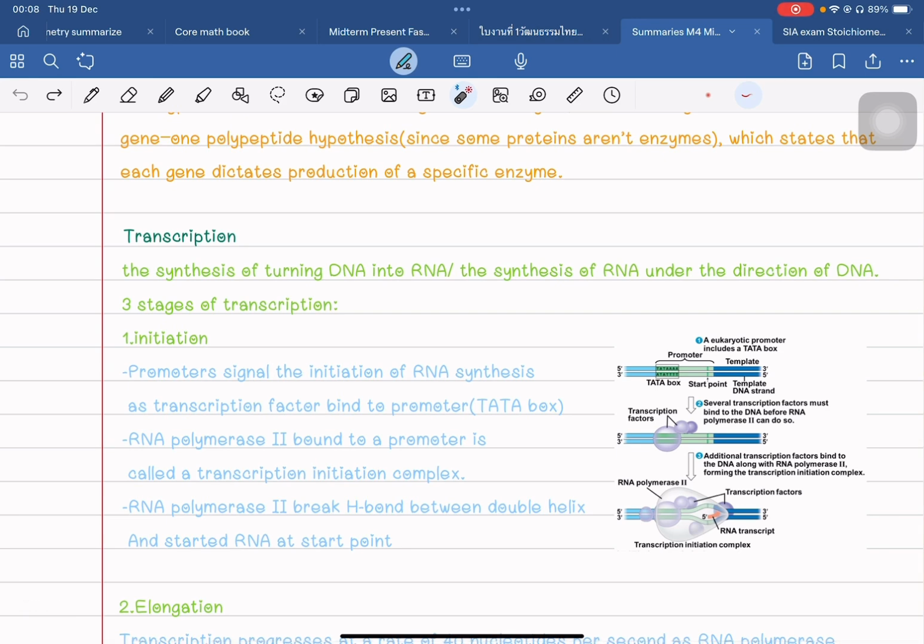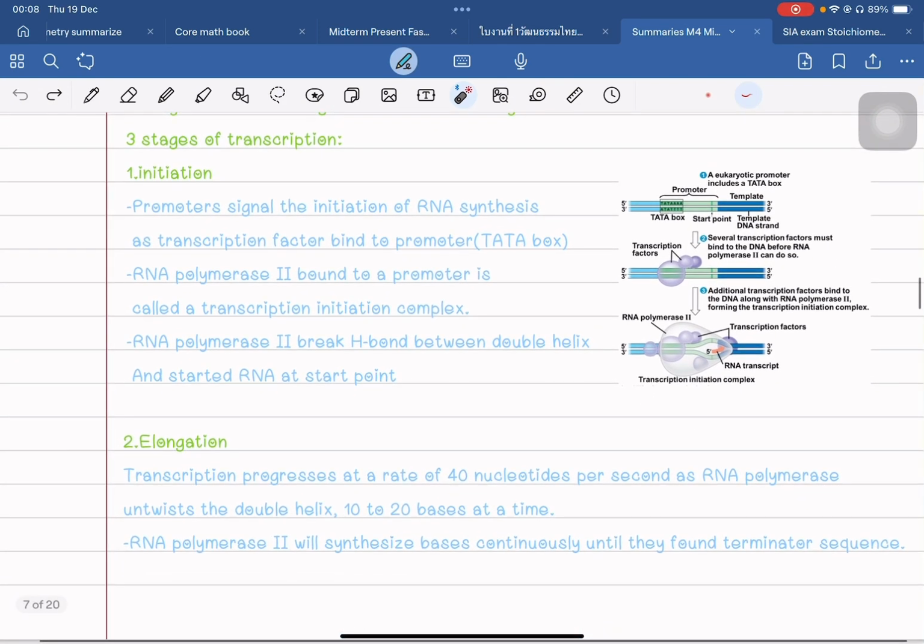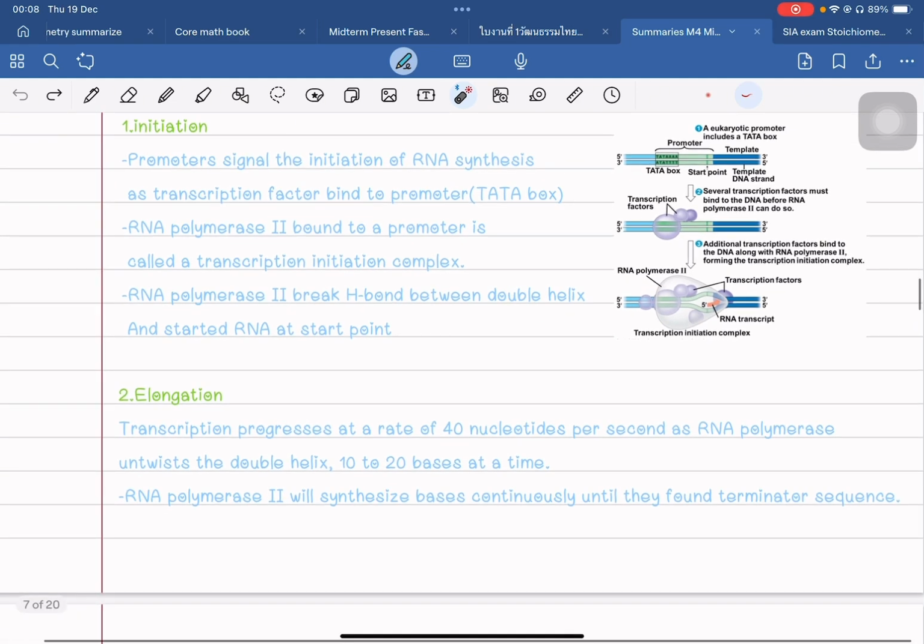Then the RNA polymerase II bound to the promoter is called the transcription initiation complex. Then the RNA polymerase II breaks the hydrogen bonds between the double helix and starts RNA synthesis at the start point, like this.